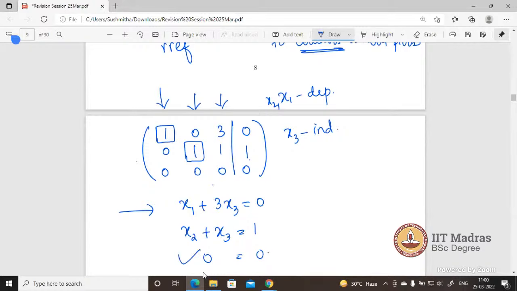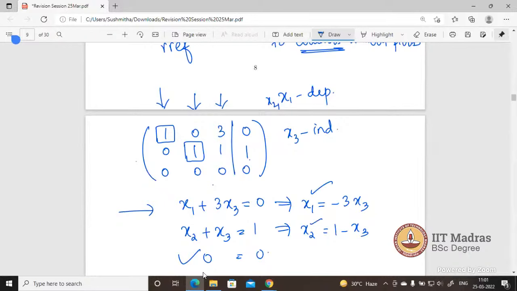Now, from here, I can write x1 is equal to minus 3x3, and x2 is equal to 1 minus x3. x3 can be anything, but once x3 is fixed, x1 and x2 are fixed. So x1 and x2 are dependent on x3.